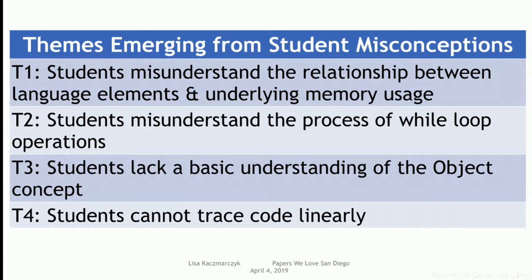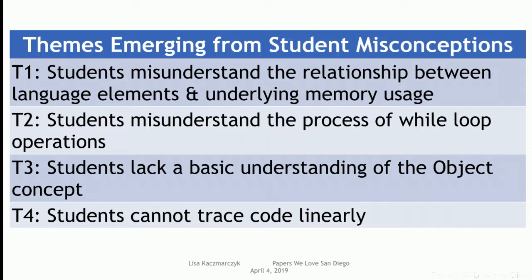So you take all the codes and then you look at what are the themes. You sort of say, okay, we've got a bunch of them. How do they group? And then you look for overall themes. And we've got 4 high-level themes here. Things that jumped out that we were seeing over and over again, across students and coming in many different ways. So the first theme had to do with underlying memory usage.